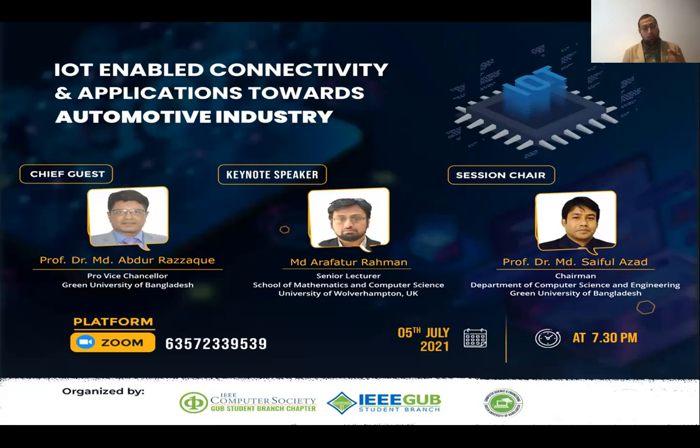So that would be a very interesting area you can explore, and also heterogeneity. If you are interested in exploring this area, you can have a look at my recent work published in IEEE Transactions on Industrial Informatics, especially on the scalability issue. You will find more details there.